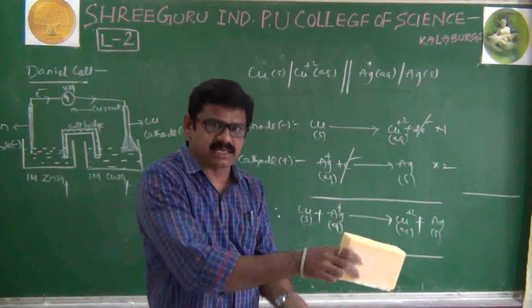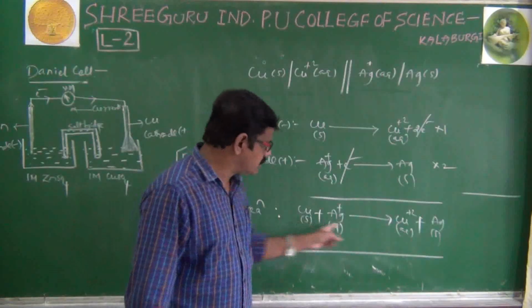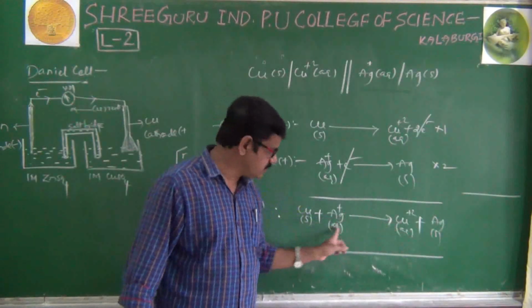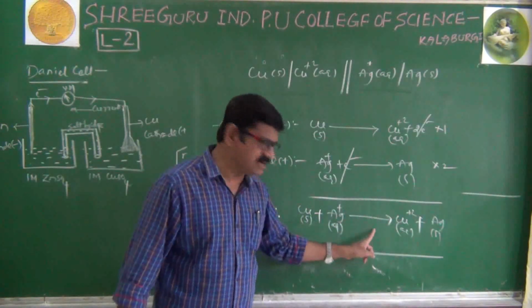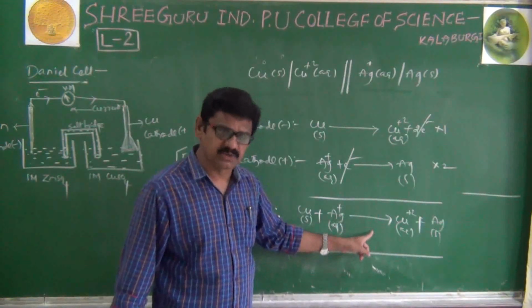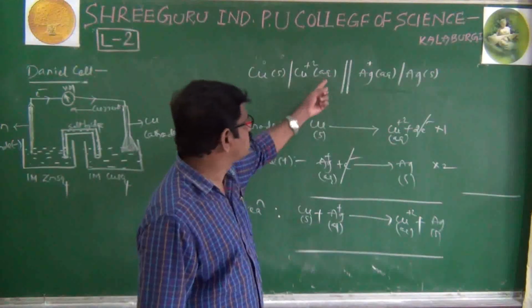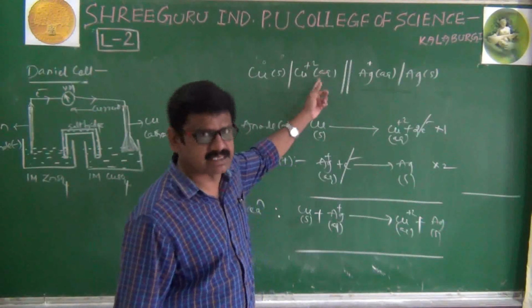Now we will discuss in the reverse manner. I will give you a net cell reaction, and with the help of that net cell reaction, we'll discuss how to write the cell notation.